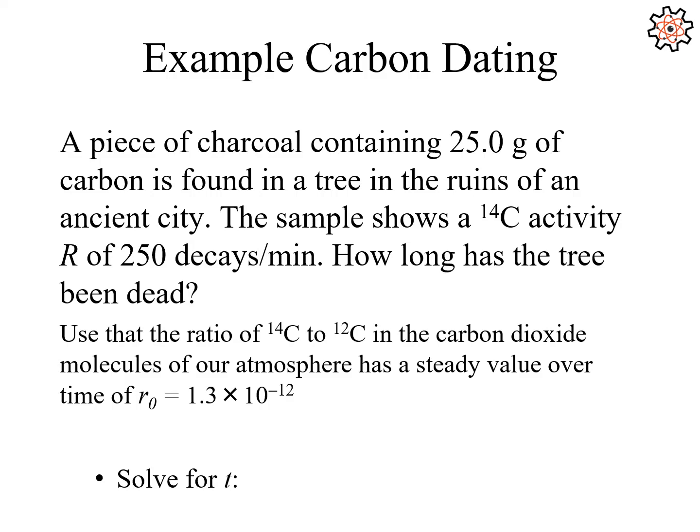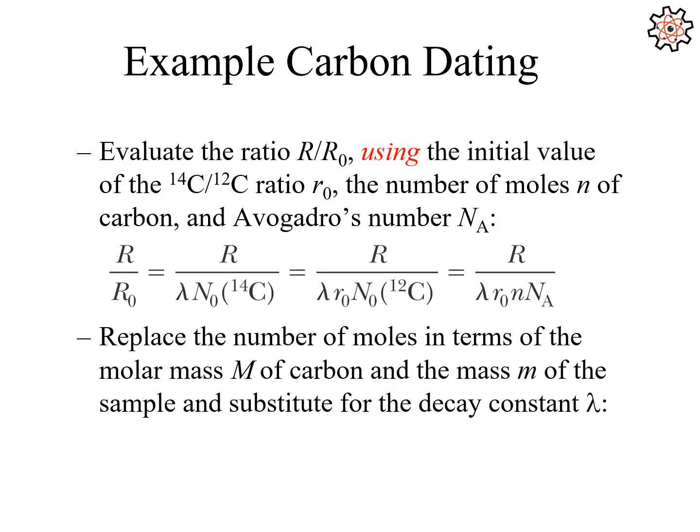We've got some knowledge about rate here. So if we rearrange the rate equation for t, we could say the time taken is given by the ratio of rates, R over R0, and it's a matter now of calculating R over R0.